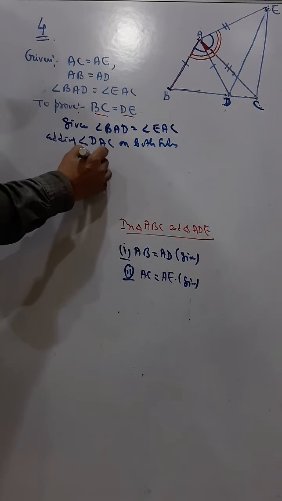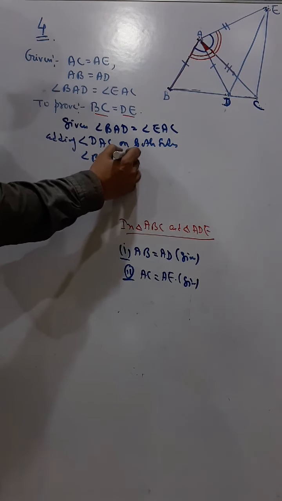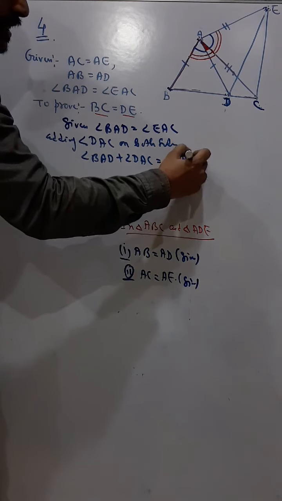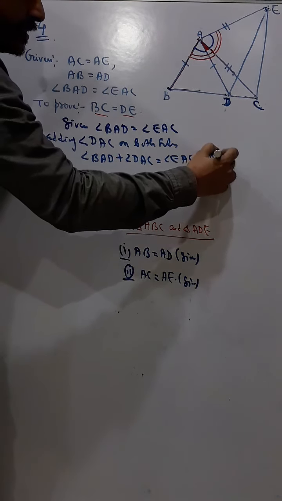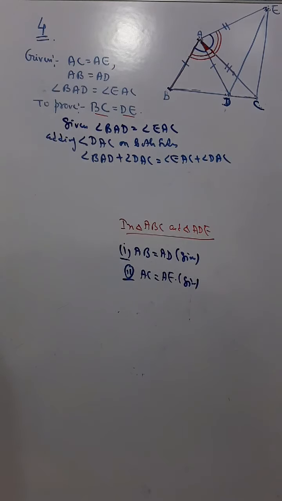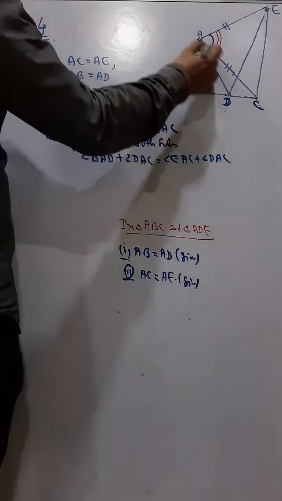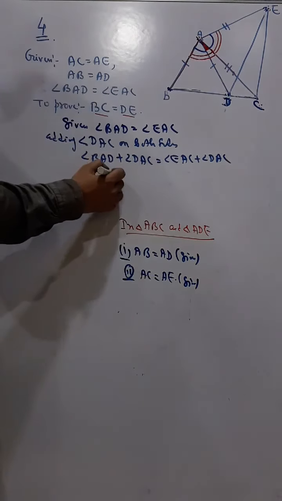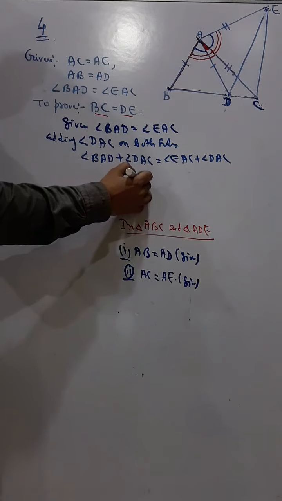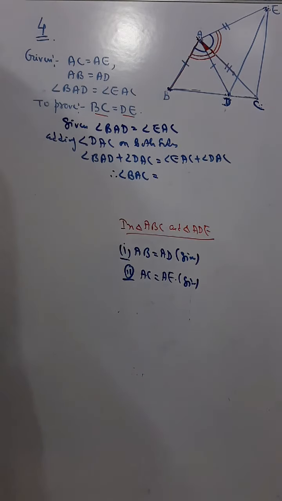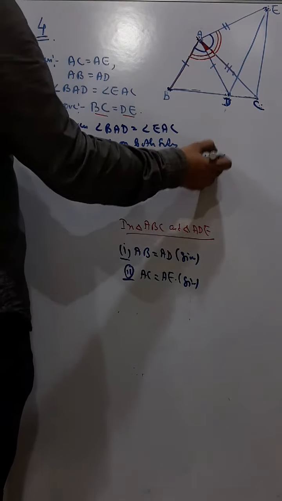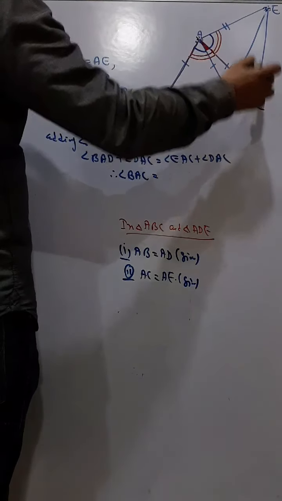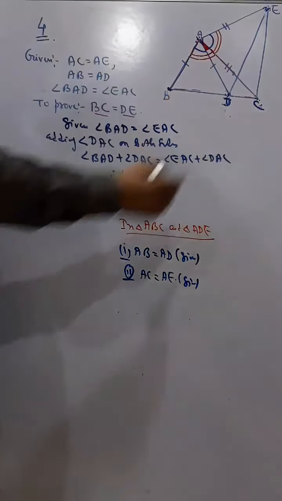So what I get, angle BAD plus angle DAC is equal to angle EAC plus angle DAC. So now you can understand, BAD plus DAC becomes angle BAC, and then EAC plus DAC becomes EAD.